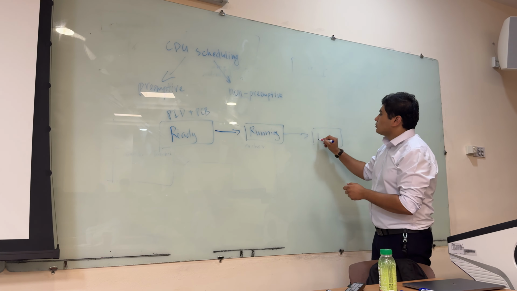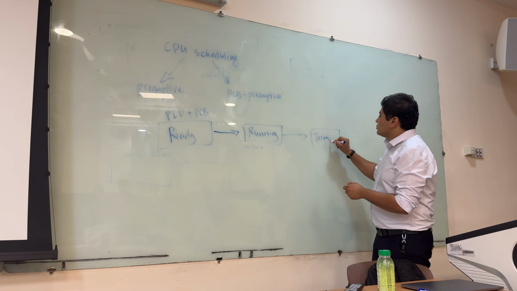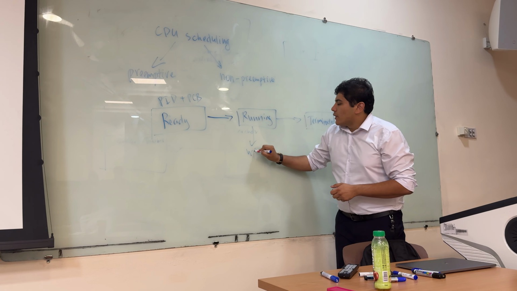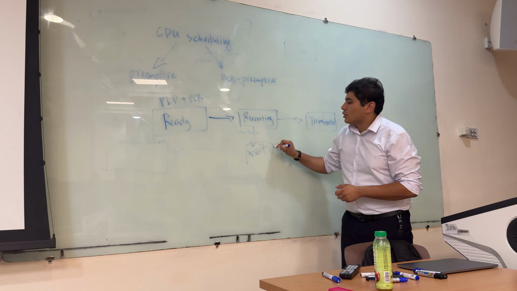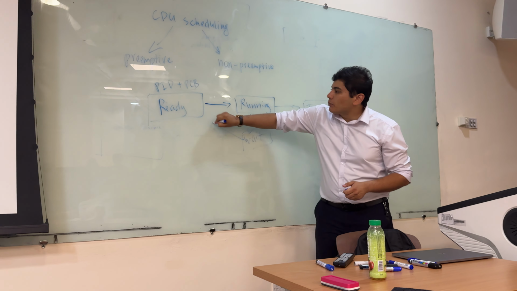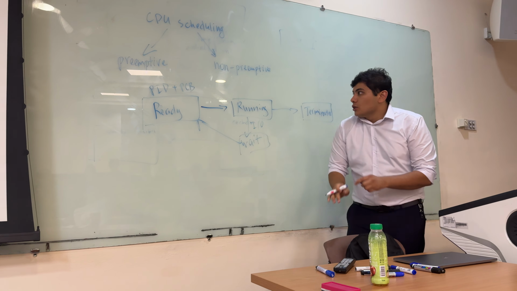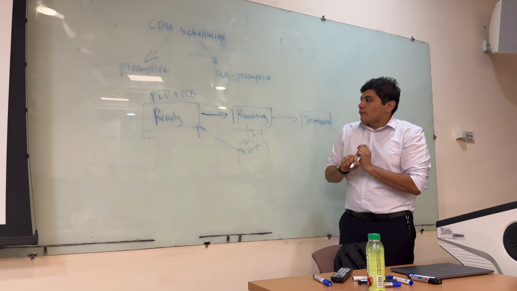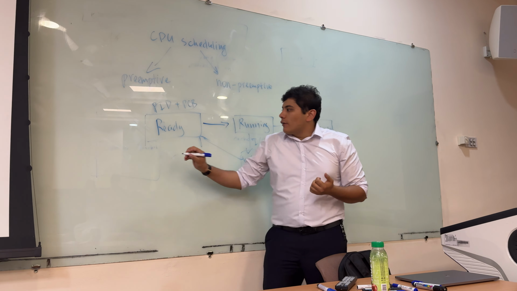This is the terminated mode. There would also be a wait mode. If there is any IO request, it's gonna come to the wait, and from there, it's gonna go back to the ready.